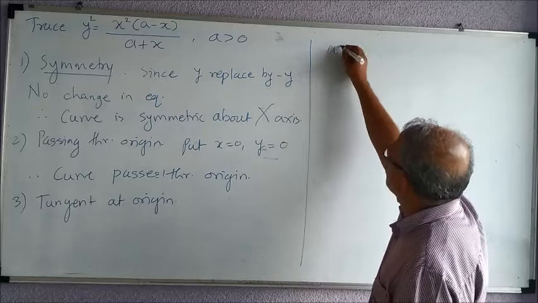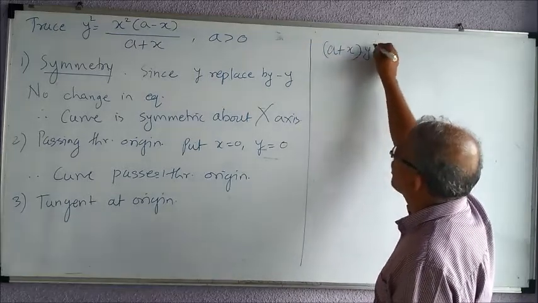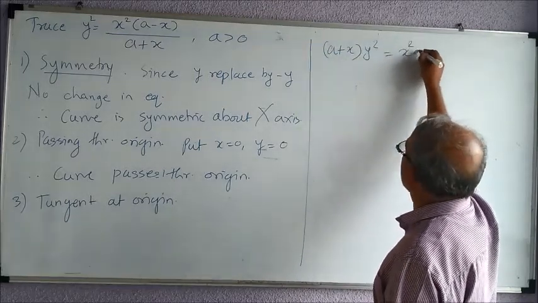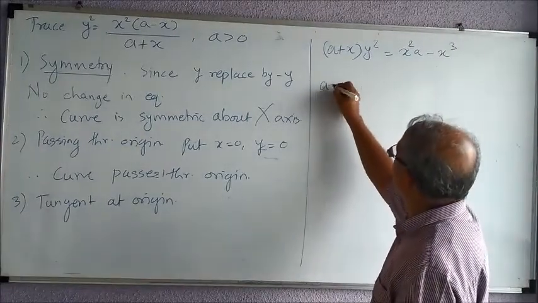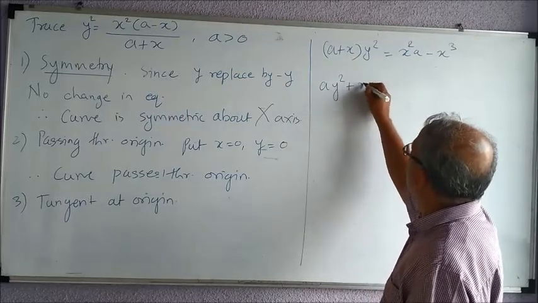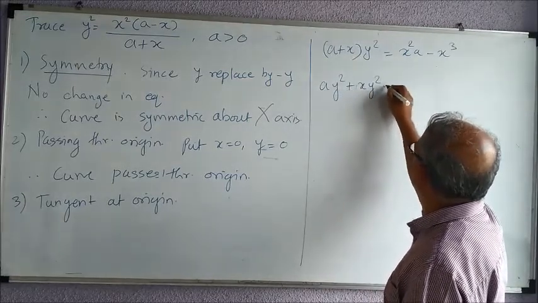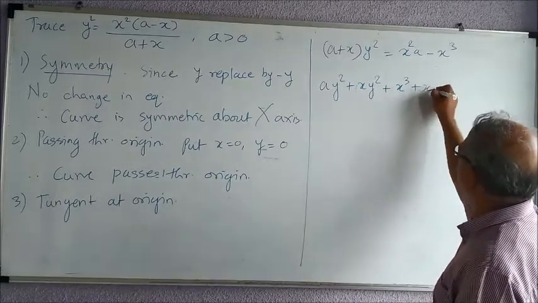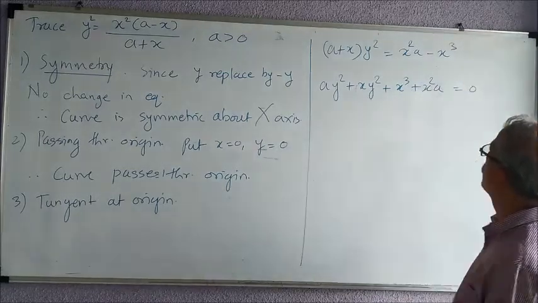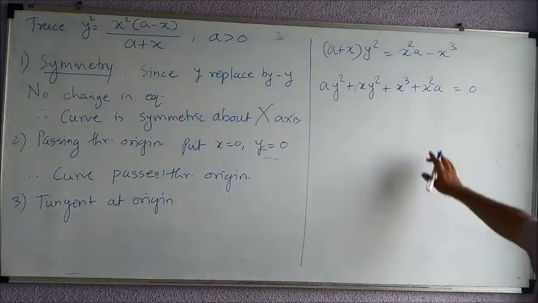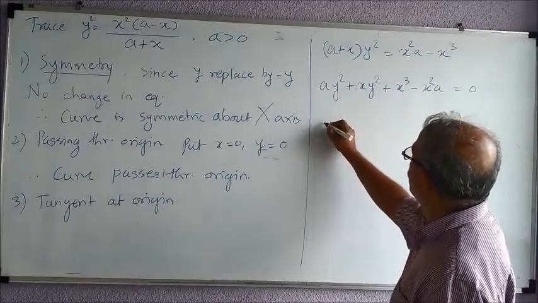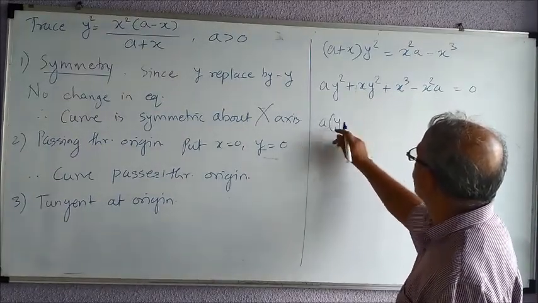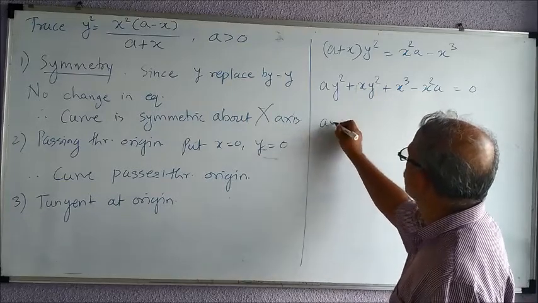It is (a plus x) into y square equal to x square (a minus x), which is x square a minus x cube. If I open this, it is ay square plus xy square plus x cube minus x square a equal to 0.